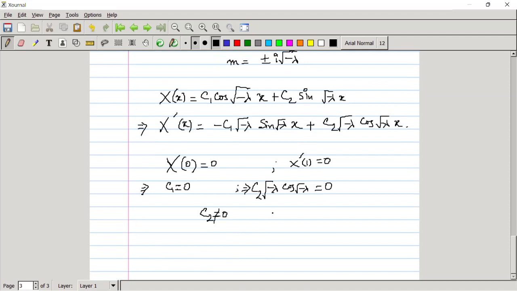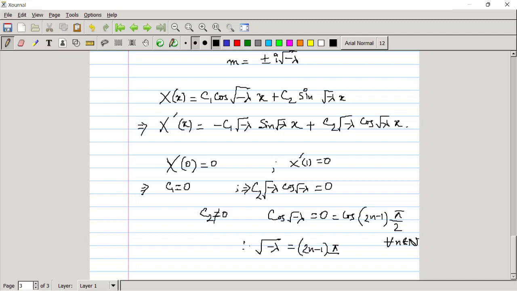So c2 non-zero, that means cos root over minus lambda is 0. Cos of (2n minus 1) into pi by 2 is 0 for every natural number n, for n belonging to the natural number set. Okay, so what is my root over minus lambda? It is (2n minus 1) into pi by 2, right? For n belonging to natural numbers.